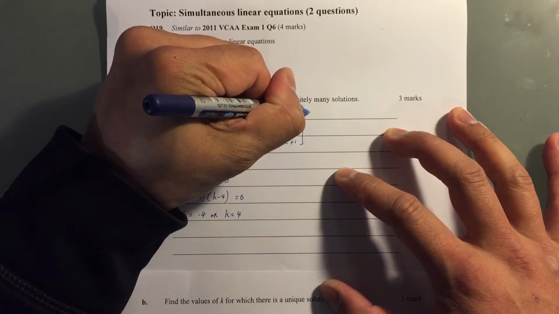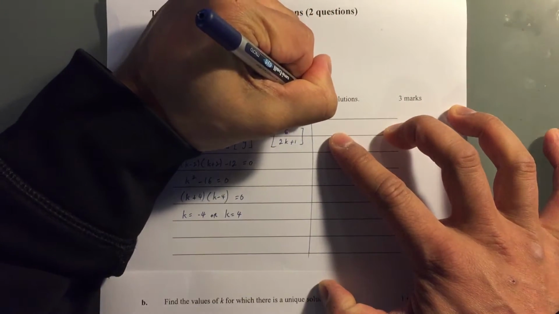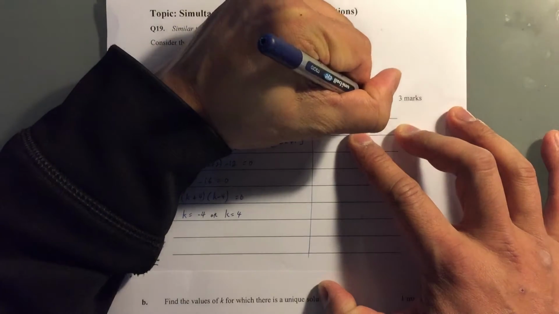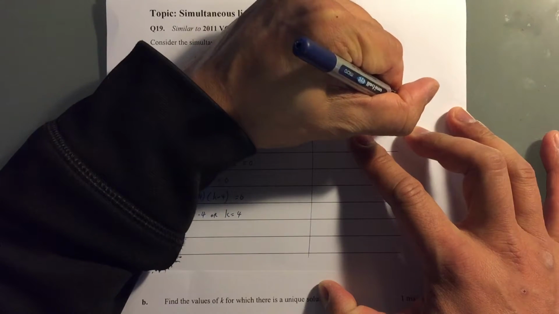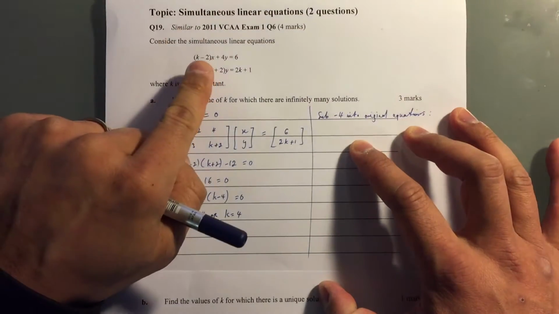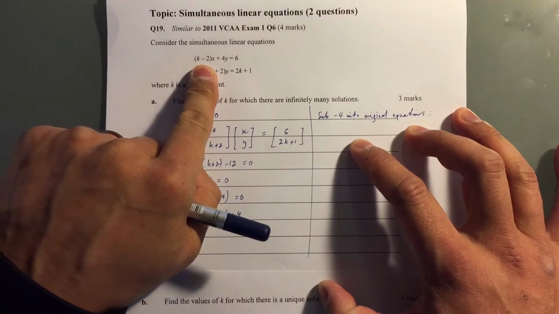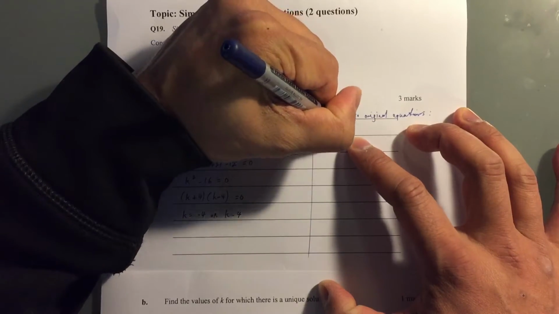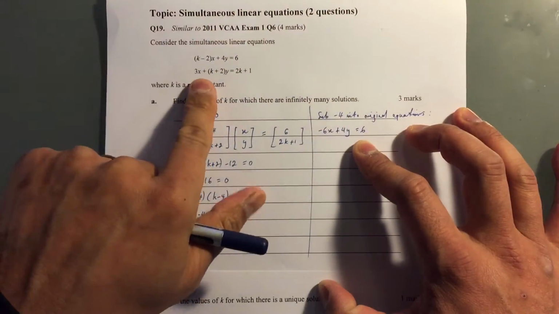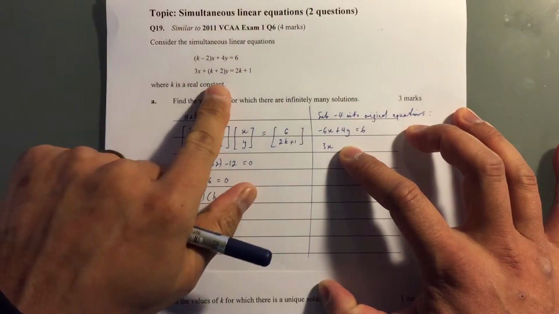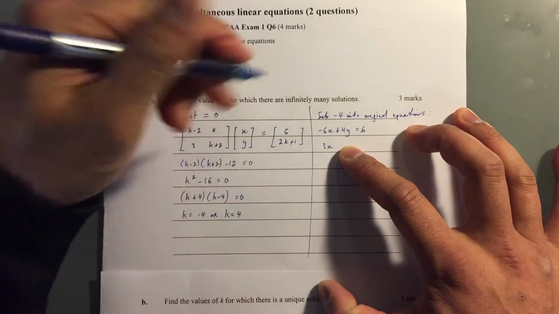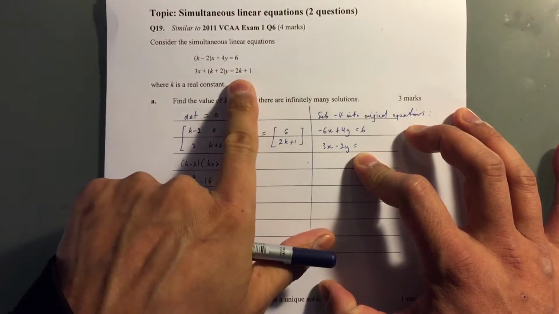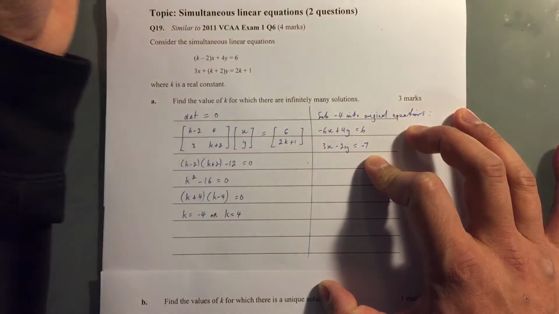So let's test negative 4 first. So sub negative 4 into the original equations. So if I sub in negative 4 for k, I've got negative 6x plus 4y equals 6. And let's do it here: 3x take 2y equals negative 7.